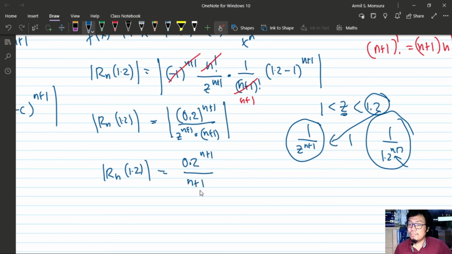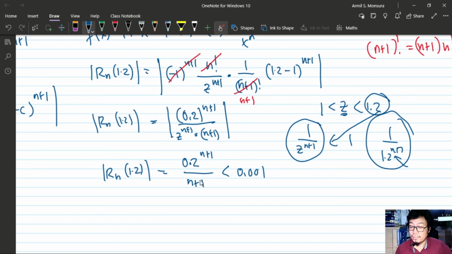And we would like to set this maximum error to be less than 0.001. What we really would like to know here is the value of n, because we would like to know the order of the Taylor polynomial we would like to write.